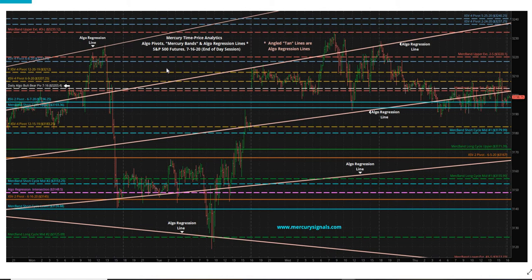By time price formula, I mean we take multiple algorithmic time cycles and look at prices over a number of periods of time and different time cycles, and our formula shows where price and time intersect. If you're a student of WD Gann, you know what I'm talking about when I say where time and price intersect. Look at how beautifully these algorithmic regression lines cut through price. I'm going to show you a couple more charts specifically with the regression lines in a minute.